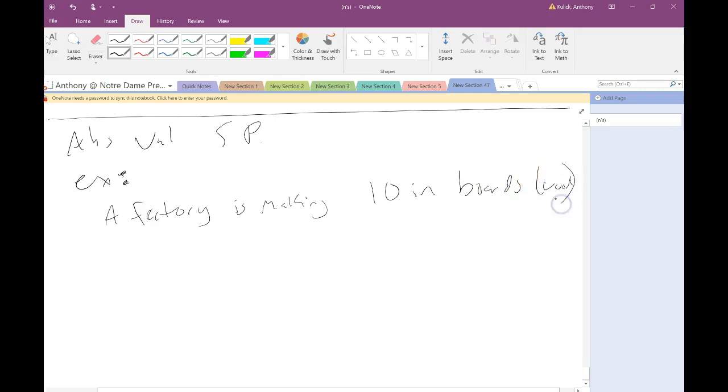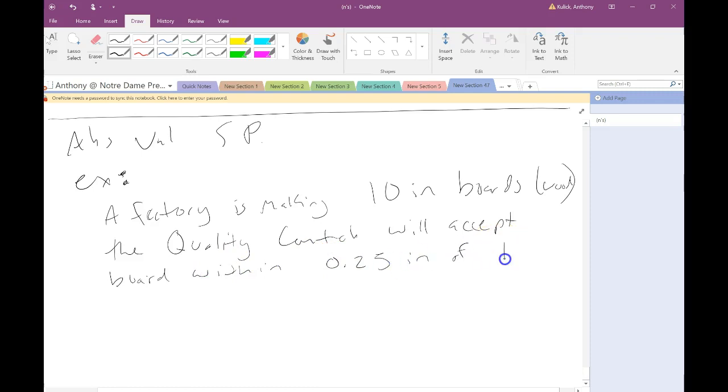So, like wood. The quality control will accept boards within a 1/4 inch of 10 inches. What range of boards is acceptable?